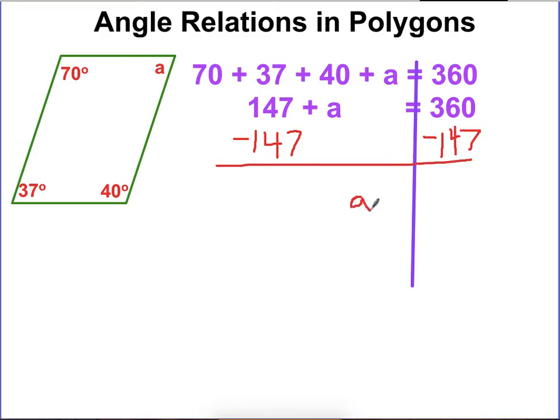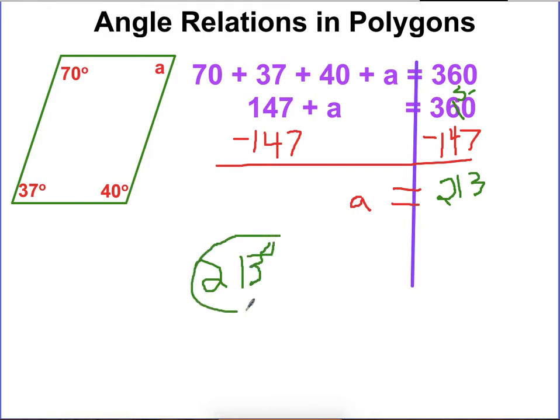So then we have A equals 213 degrees. All right, so remember we check that by adding up all the angles again. 70 plus 37 plus 40 plus 213, and we do get 360.